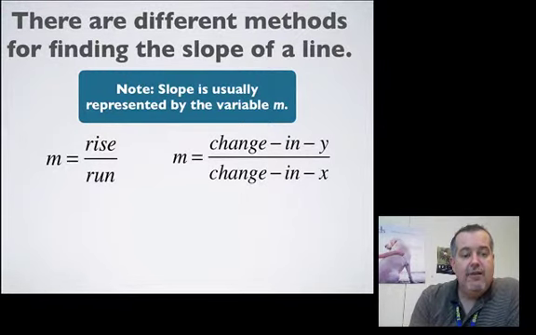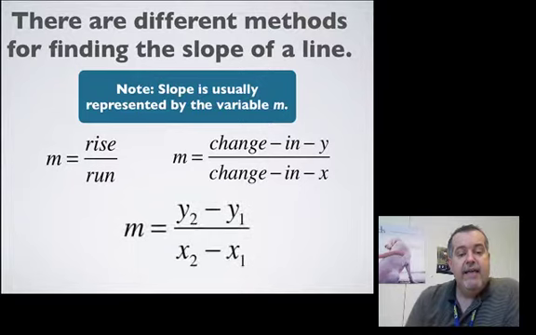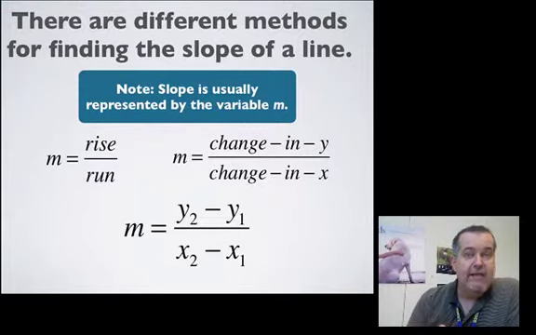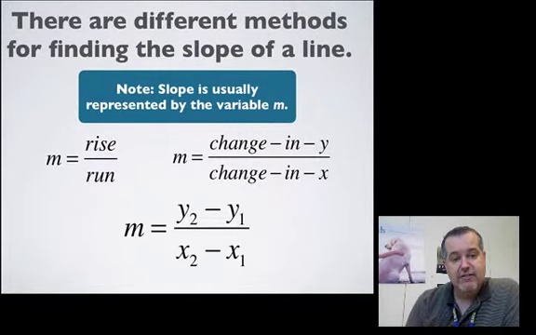And then another way to do that, the way that you do it when you are using coordinates, is where you have your two sets of coordinates, and you're going to subtract one of the y's by another y, and you're going to divide that by the difference between one of the x's and the other x.